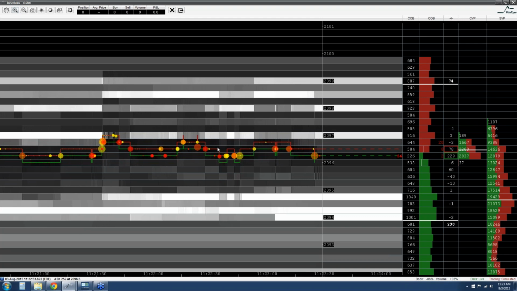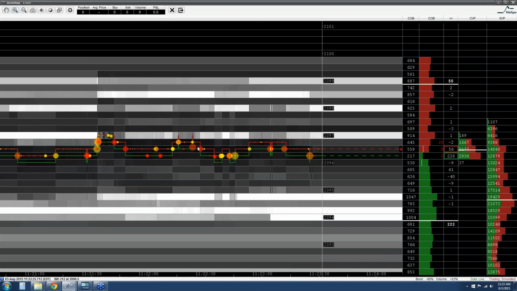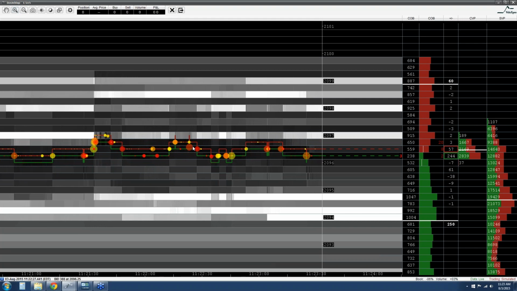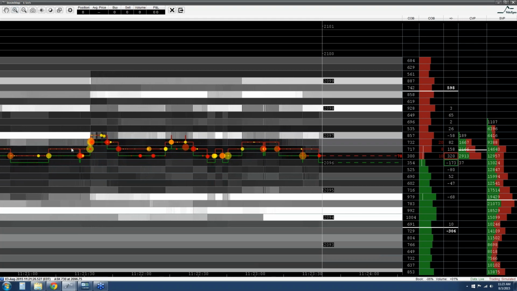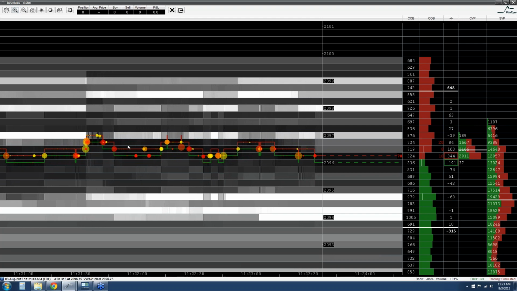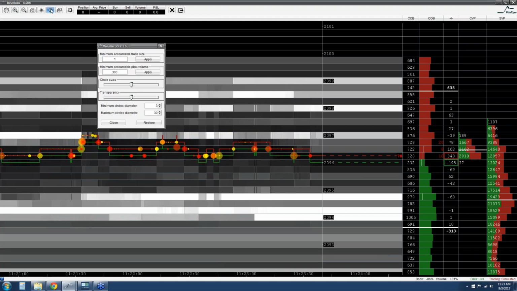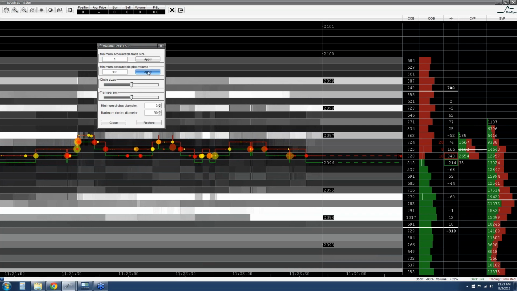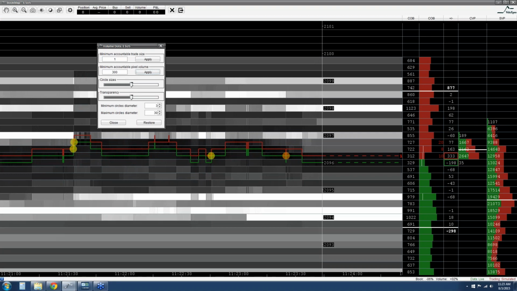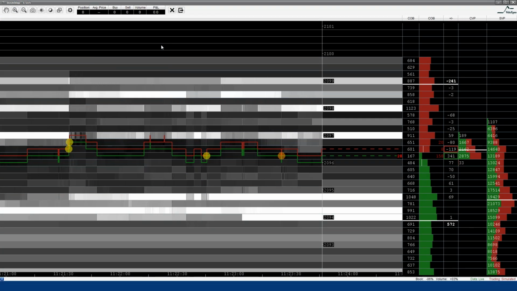Instead of one big dot that might surprise you, you'll just see several smaller dots, and we can filter that out by using the volume dots here at the countable pixel size.